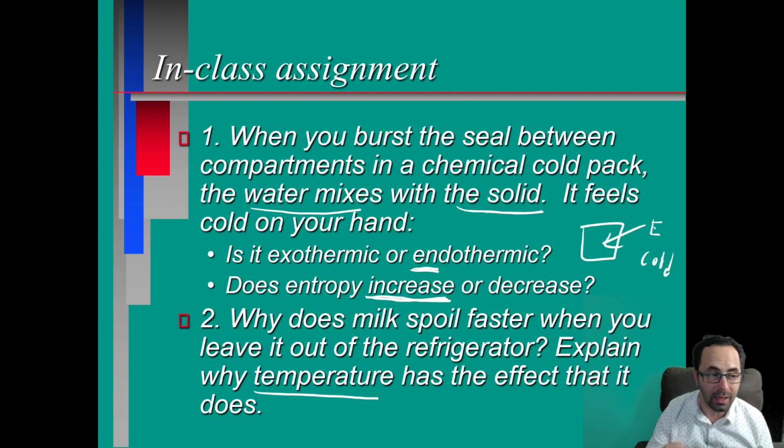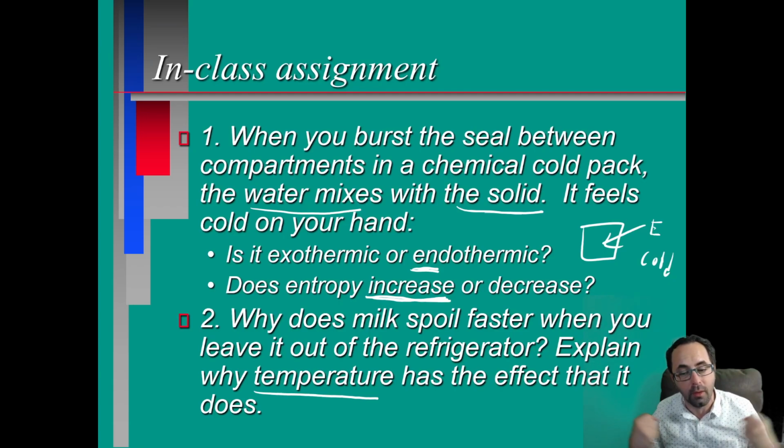It affects it again in two ways: by increasing the likelihood of collisions because molecules are moving faster, and increasing the likelihood that that collision will result in a chemical reaction because the molecules are moving faster and collide with greater energy.